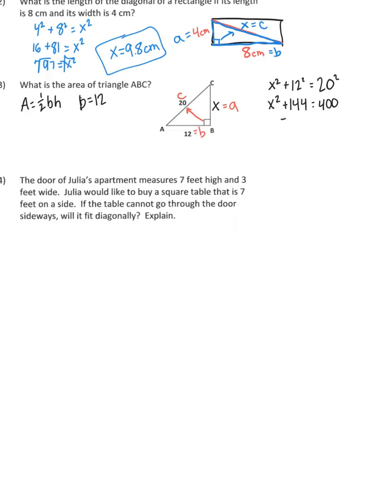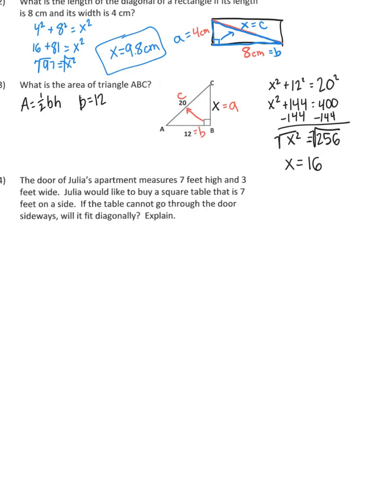To get x by itself, I need to subtract 144 from both sides. This gives me x squared on the left, and let's see, 400 minus 144 is 256. And then if I take the square root of both sides, I get x is equal to 16.